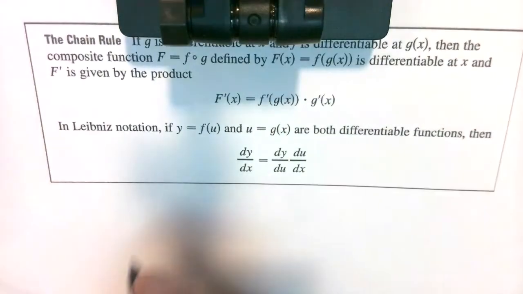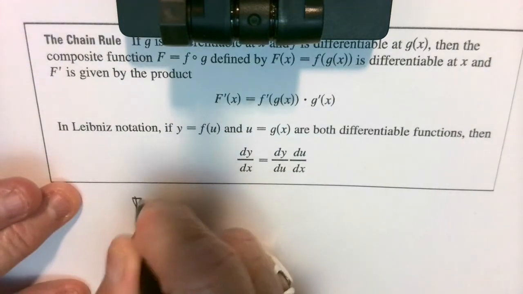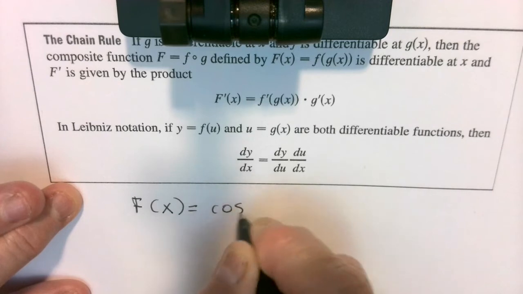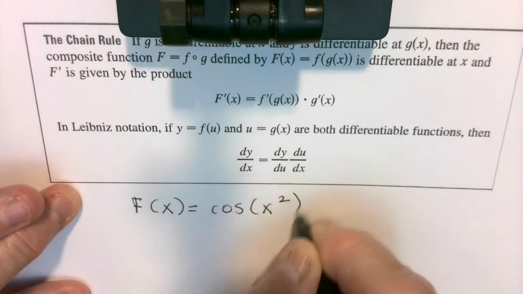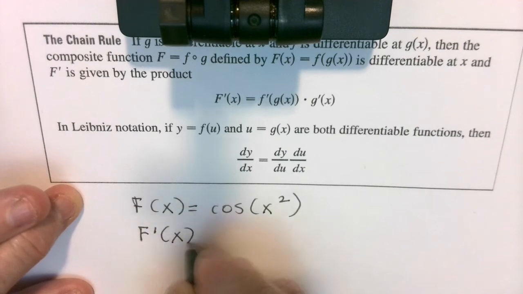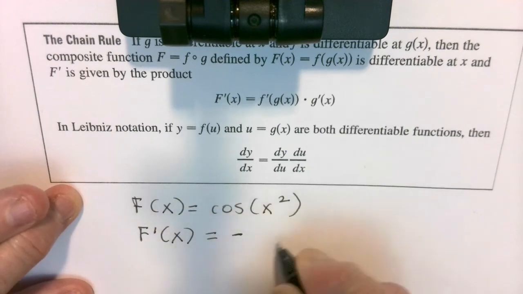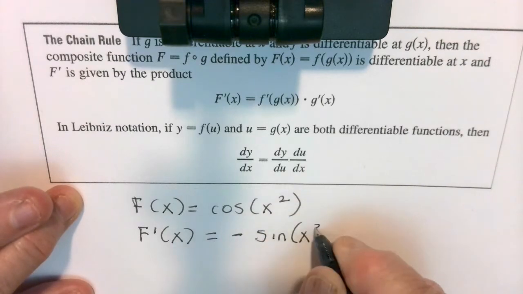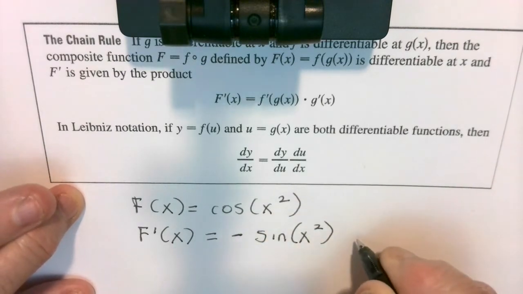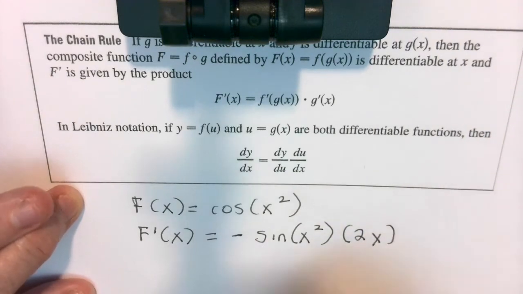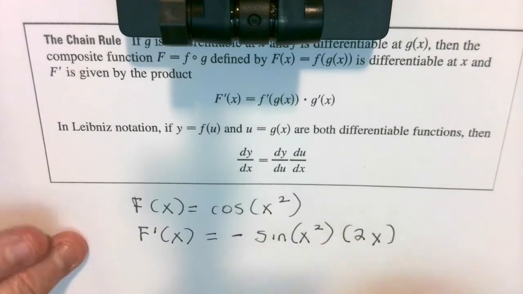So let's go back to our function that we had. Our function looked like this, and we identified the inside and the outside. So the derivative of this is going to be the derivative of the outside. The derivative of cosine is minus sine. We leave the inside inside, and then we multiply times the derivative of the inside.